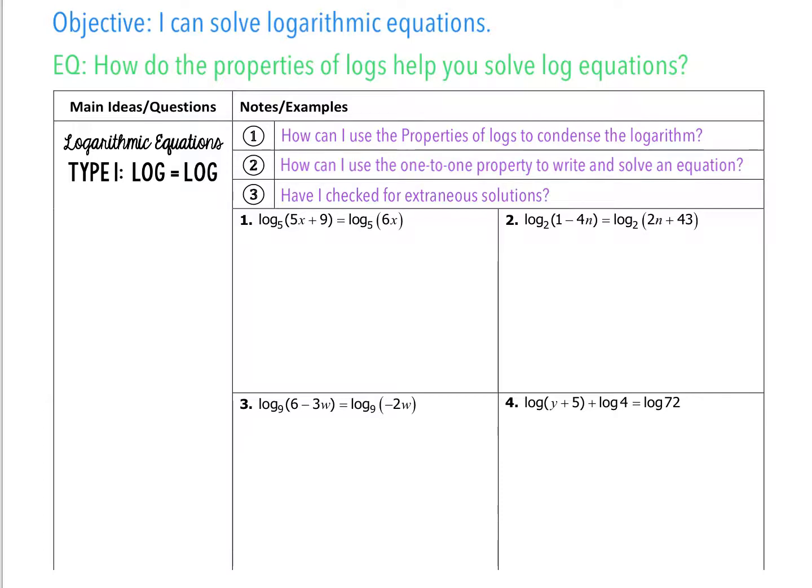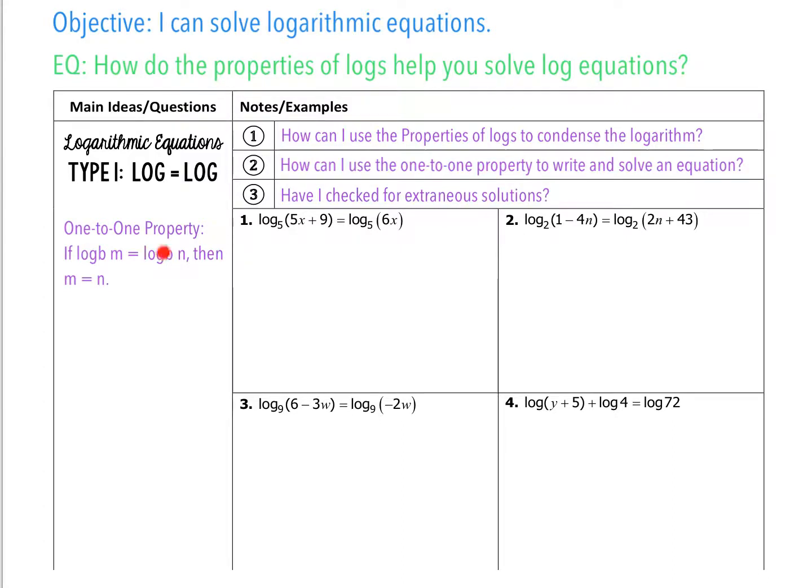Alright, so let's start with this first example. I have log base 5 of 5x plus 9 equals log base 5 of 6x. When I look at that, what do I notice right off the bat? I notice that they both have the same log base, 5. Since they have the same log base, I can use what's called the one-to-one property, which says that if log base b of m is equal to log base b of n, then I can simply say that m is equal to n.